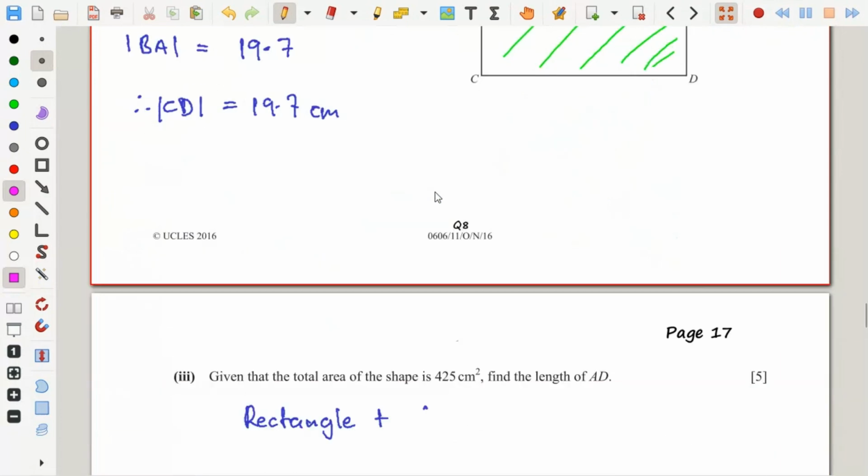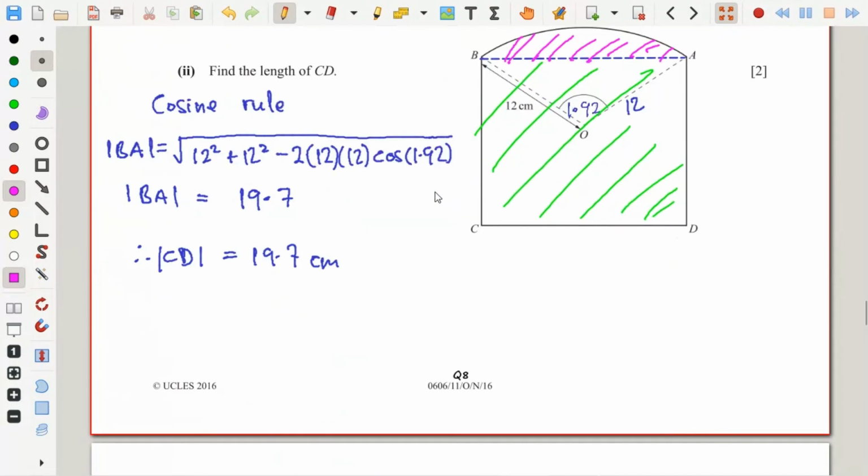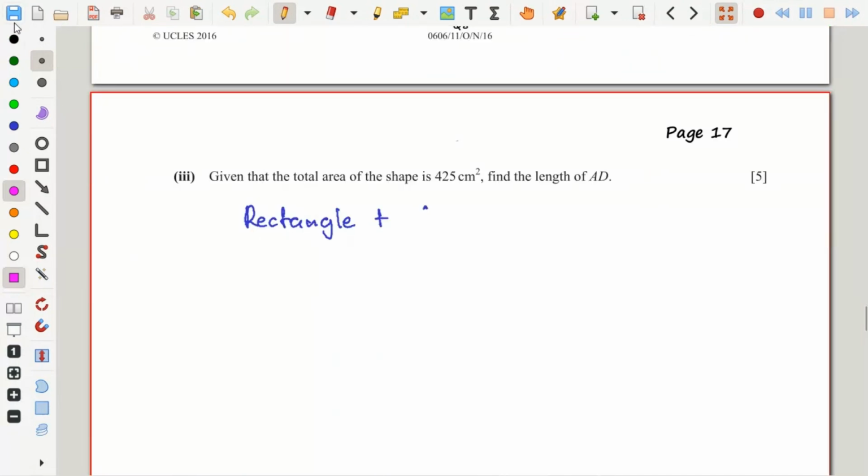I have a rectangle plus segment. So segment, that gives us 425. So area of a rectangle is length times breadth.